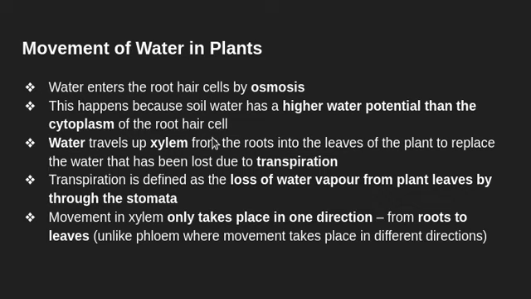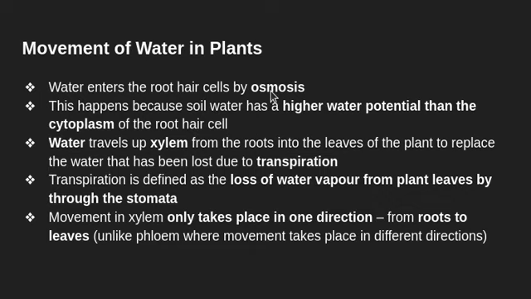So water travels up the xylem from the roots into the leaves of the plant to replace the water that has been lost due to transpiration. During the day, plants tend to lose water by the process of transpiration, and osmosis will then help in getting the lost water, because the cells will have a lower concentration of water as compared to what the soil contains, right?